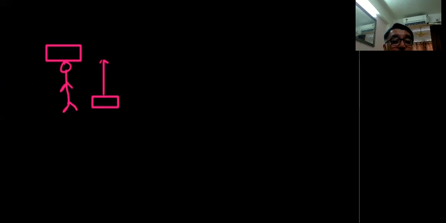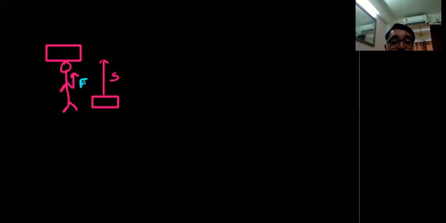Now, when the coolie is applying force by his hands, remember his hands are pushing the bag upwards. So we can say that the direction of the force is also upwards.